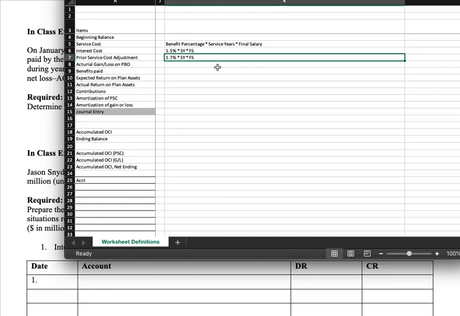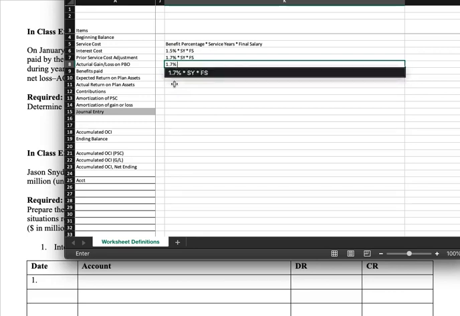Notice it doesn't impact service years or final salary. It just simply makes a change in the percentage that we're going to pay out. When that happens, it's considered retroactive. So it gets restated. Prior years will then need to be brought up to that 1.7 when we were carrying them at the 1.5.